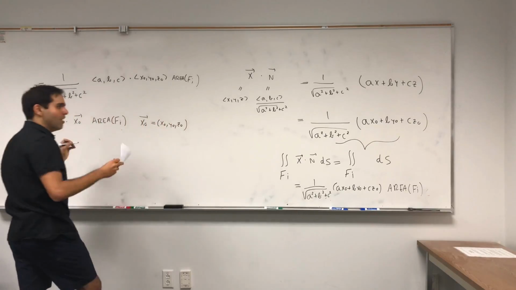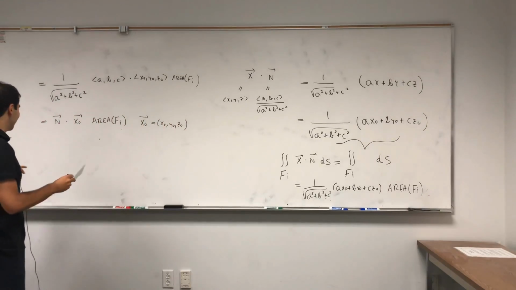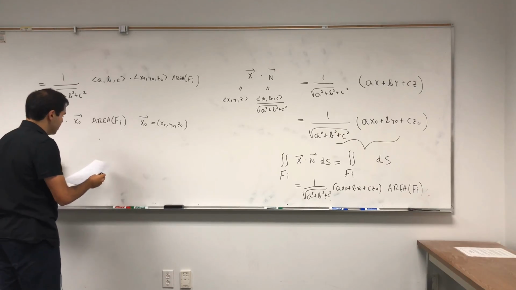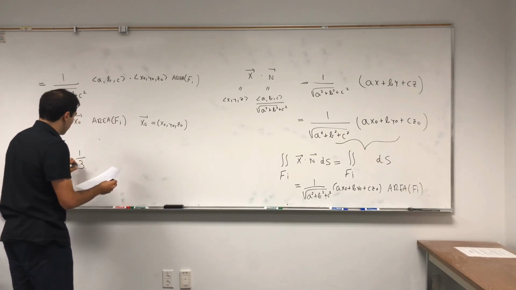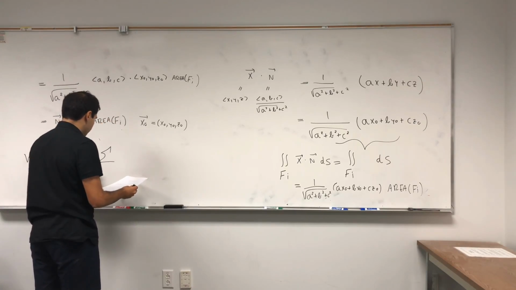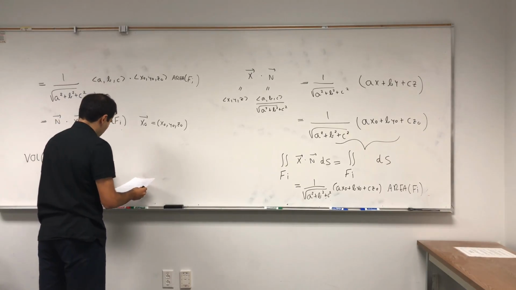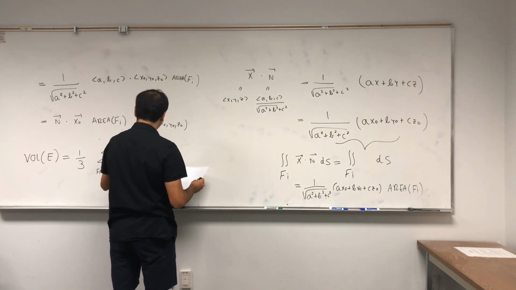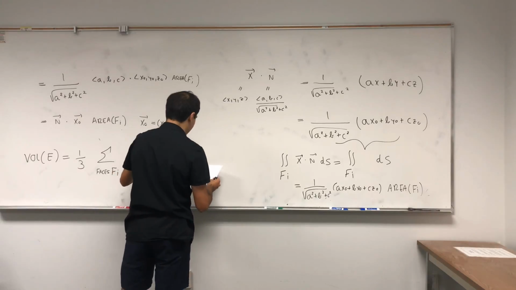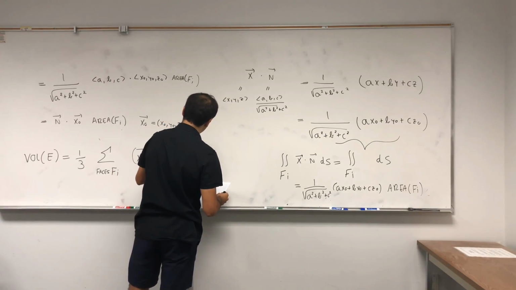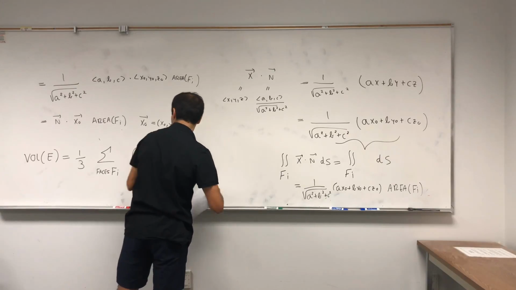So what do we get? We finally get our super general formula. The volume of a polyhedron is 1/3 times the sum over the faces Fi of x naught dotted with n times the area of Fi.